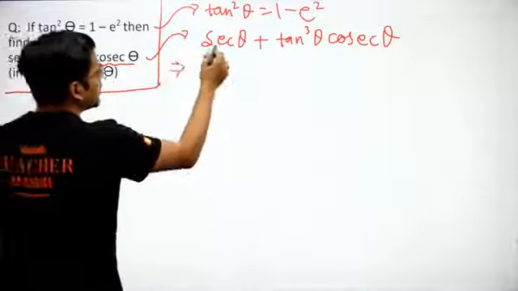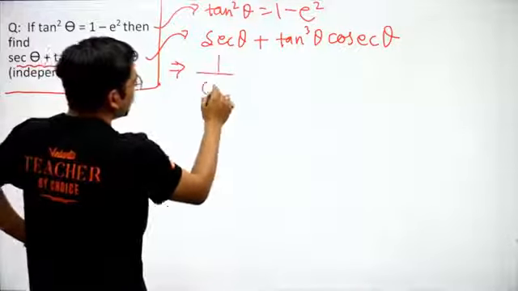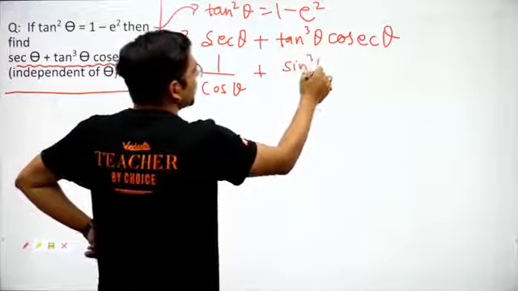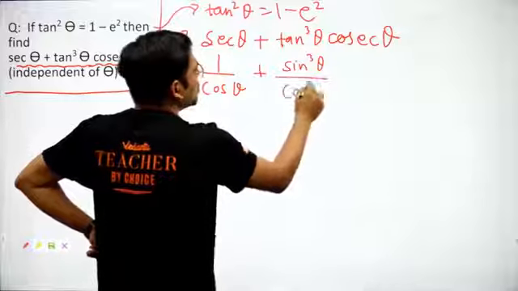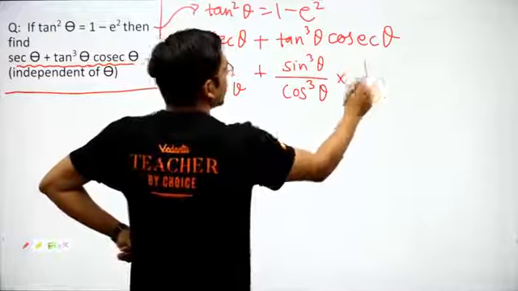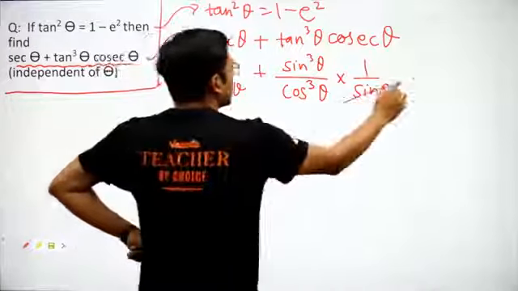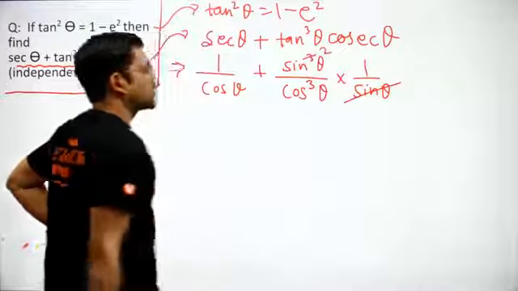this implies sec theta can be written as 1 upon cos theta, plus tan cube theta can be written as sin cube theta divided by cos cube theta, into cosec theta, which can be written as 1 by sin theta. Now do you know that this sin theta will cancel with the cube and make it a square?